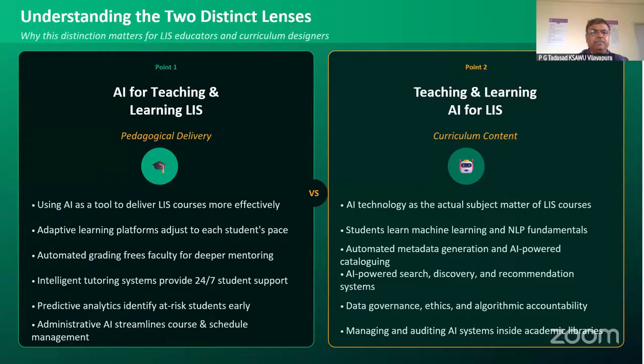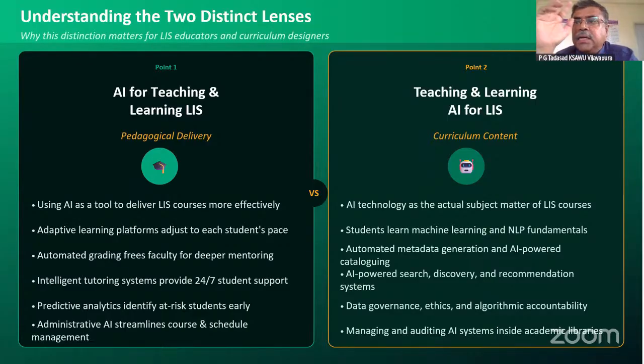Point number one and point number two are very much clear. One is using it for pedagogical delivery. It's an instrument, it's a tool. Second, it's a subject matter. It is actually the subject matter that we have to understand.